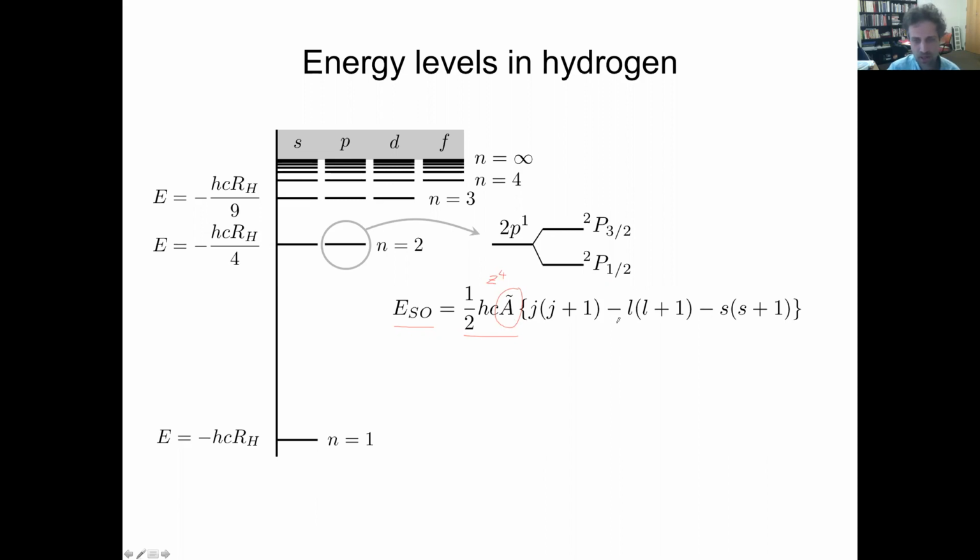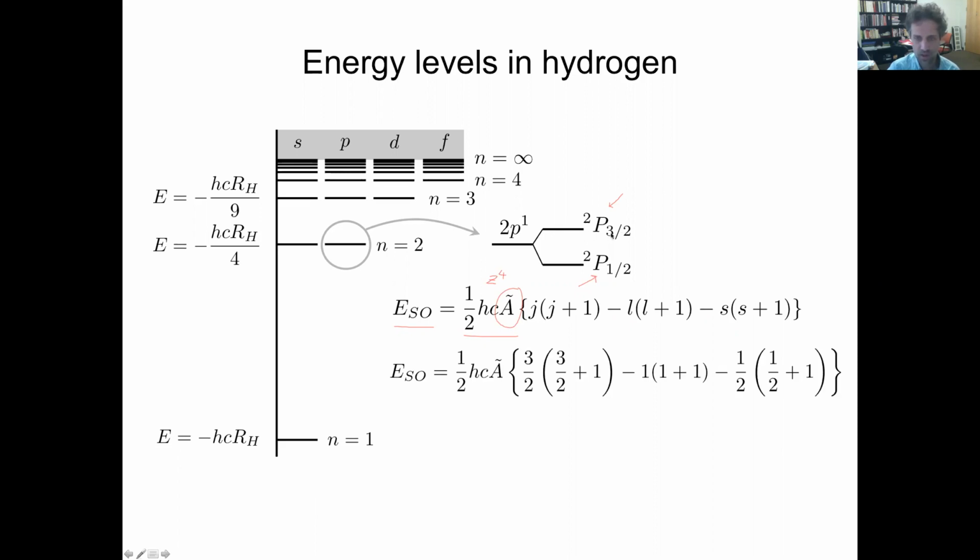But for now, let's take this formula and compute the energy of this state and the energy of this state. These two are the spin-orbit coupled states, or the split states, and then compute the difference between them. So the splitting energy of the first level, that is the 3/2 level, I'm going to compute.